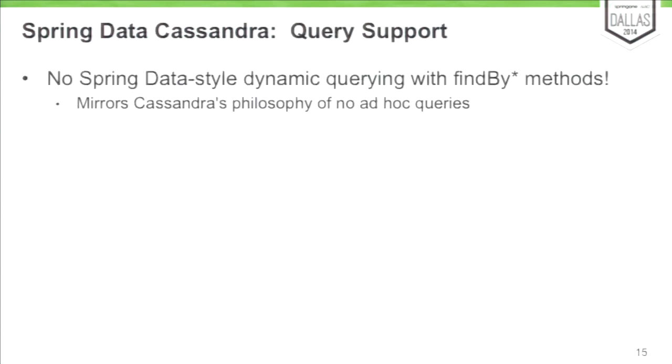Okay. So one big thing about Spring Data repositories is the dynamic finders, or the declarative finder methods, right? Well, Cassandra doesn't support ad hoc querying, so we felt strongly enough that Spring Data Cassandra shouldn't support ad hoc querying, because chances are you don't want your developers to be able to write any old query and then issue it against the Cassandra cluster with allow filtering on, because it would bring Cassandra to its knees.